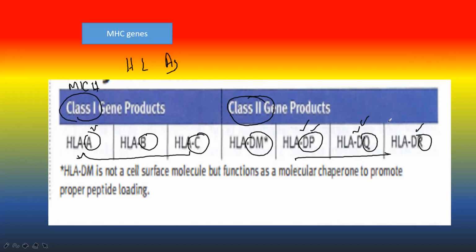When we do transplantation, we do not just match the blood group, we also need to match the HLA genes. HLA match. If their HLA genes are the same, that is a very good condition for transplantation. If the donor and recipient have totally different HLA, it is a big issue for rejection. There will be rejection there.